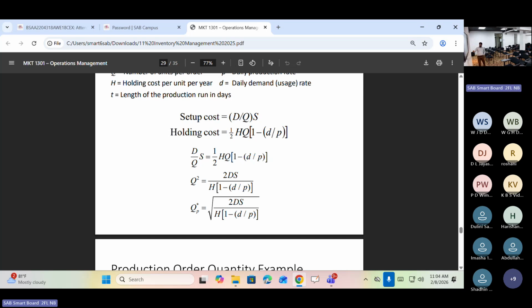You can simply use this equation and substitute values. 2D.